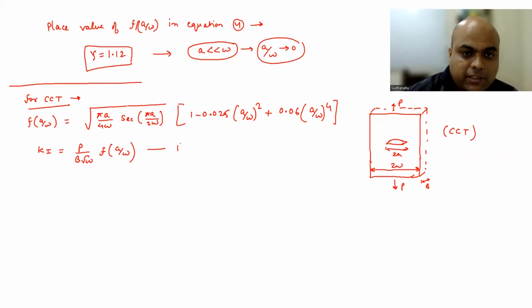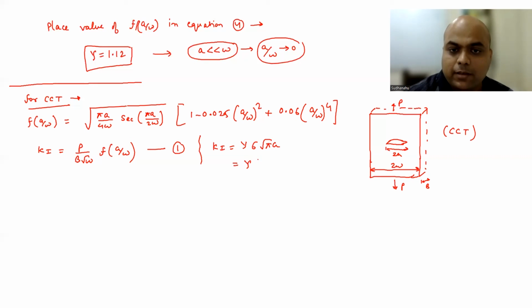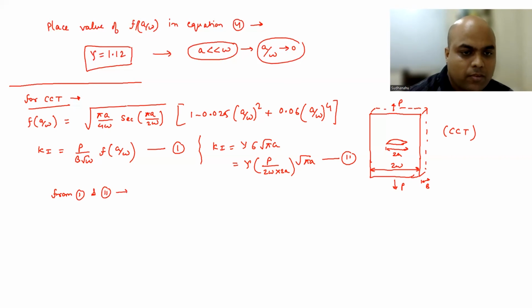So this is say now equation 1. So I'm writing again equation 1 for CCT. We also know K1 is Y sigma root pi A. Okay. Or Y sigma here is going to be P by cross section area, which is 2W into 2A, and then root pi. So this is equation number 2 for CCT. So from 1 and 2, we can write P. So I'm just equating K1 in 1 and 2.